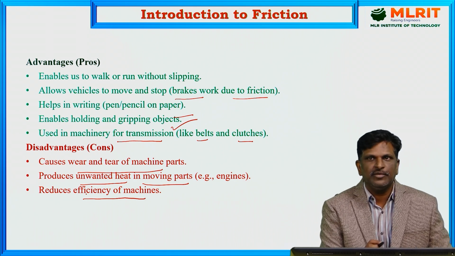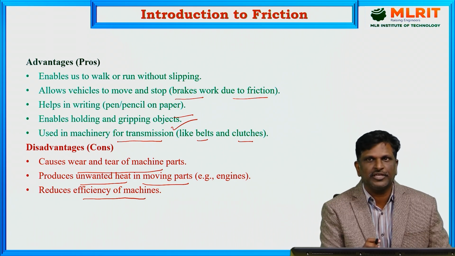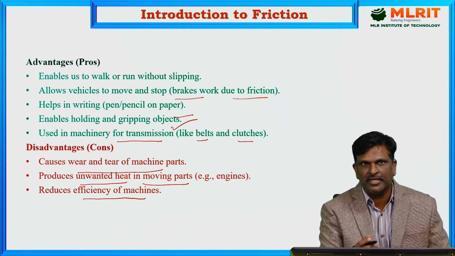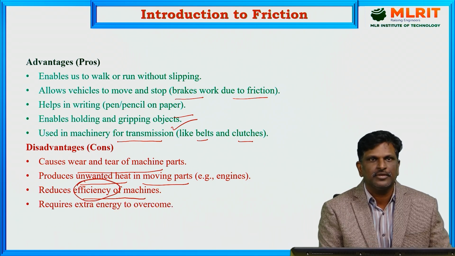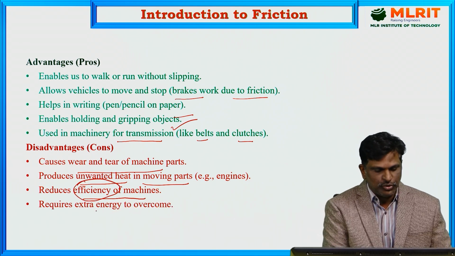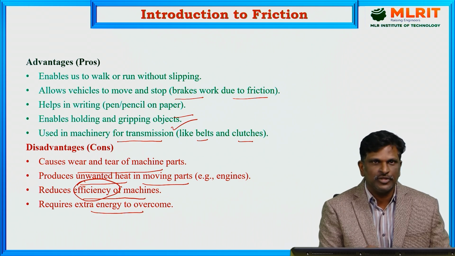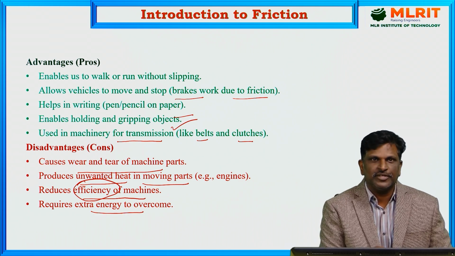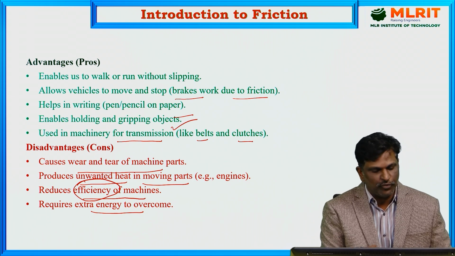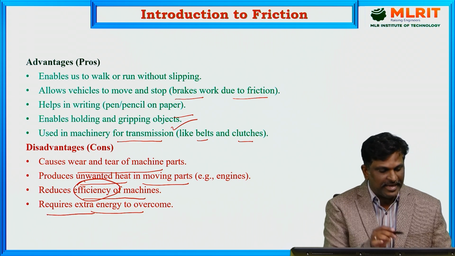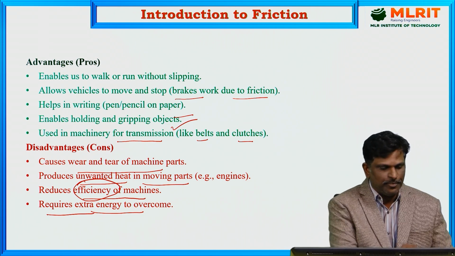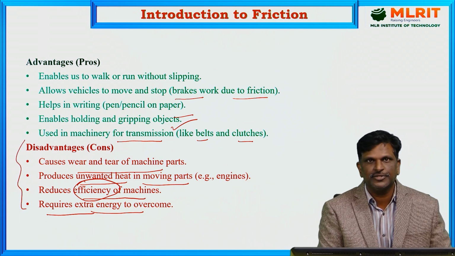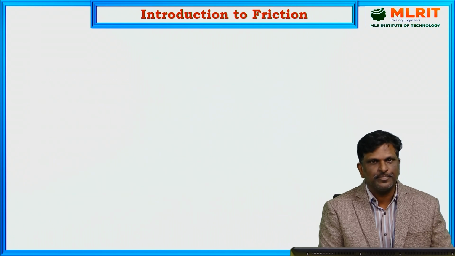See, if the input force required to move the body is more, then it will automatically reduce the efficiency. It requires extra energy to overcome. To move the body against friction, we need to apply more energy or more force. So it requires extra energy or force to overcome the friction. These are the main disadvantages of friction.